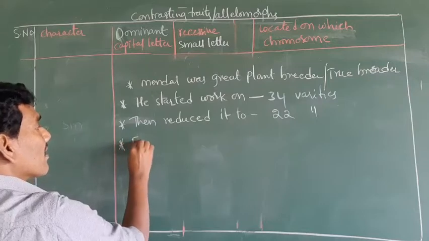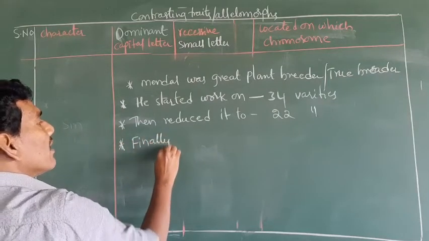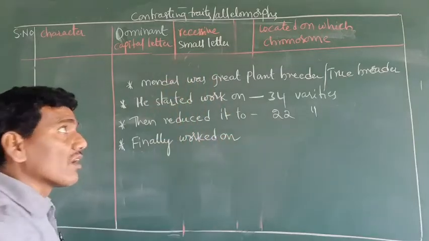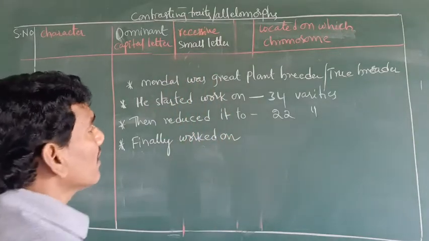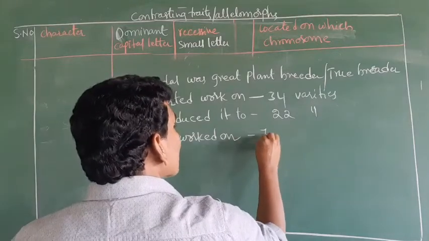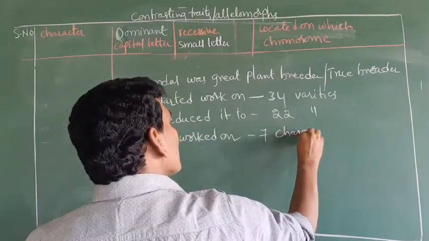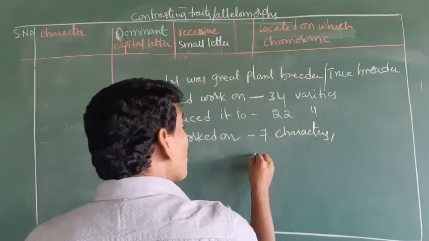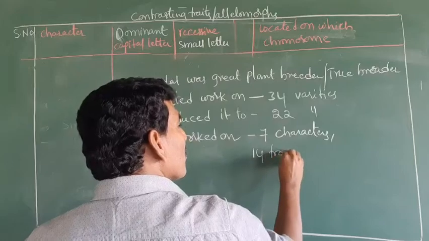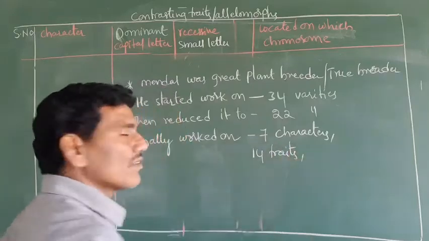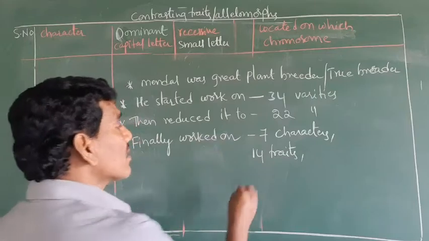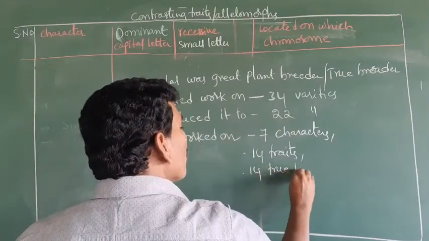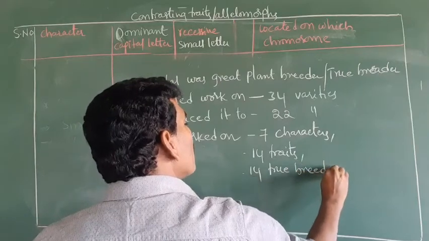Finally he worked on 7 characters, or 14 traits, or 14 true breeding plants.